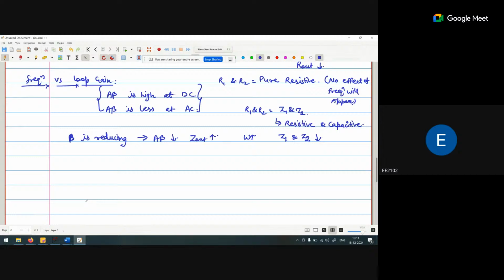Okay, so with an increase in frequency, beta is reducing, A beta is reducing, and Z out is increasing. So if I draw the curve between A beta versus frequency, this is the omega, this is the A beta. Up to a certain frequency this is the effect, and after that it will start reducing.